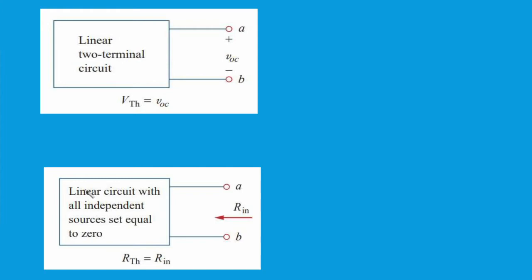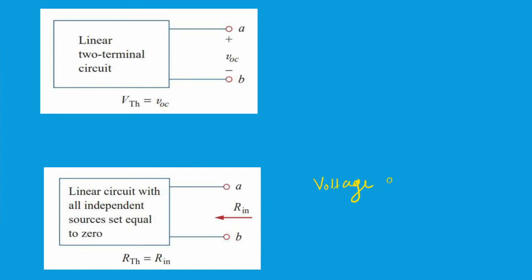And now what we will do is all the independent sources have to be set to 0. So what do you mean by that? Let's say we have a voltage source.